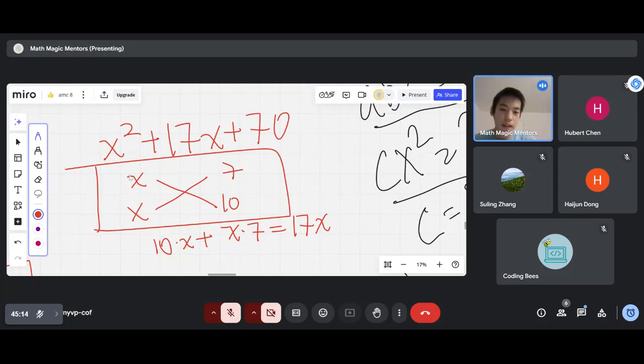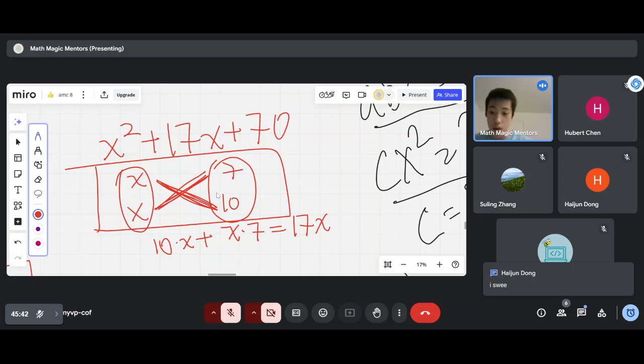So we just need to find two individual terms that have a product of the first term, which is x squared, and find the two numbers that have a product of the last term, which is a number, and find those numbers and variables such that the sum of the products of the cross you see here will sum to the middle term.